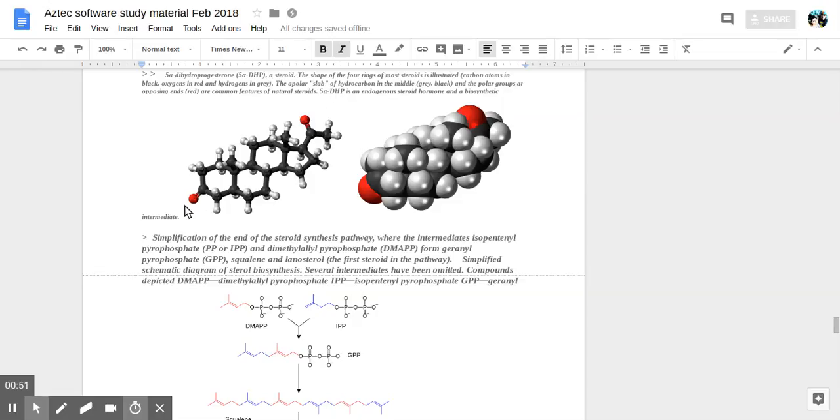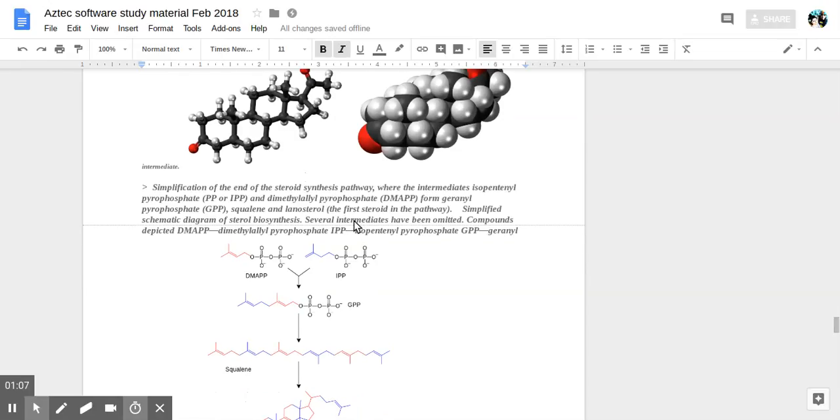So on the inside, it's nonpolar, where the carbons are, and on the exterior, where the oxygens, which are in red, and the white, those are hydrogens, it's more polar.